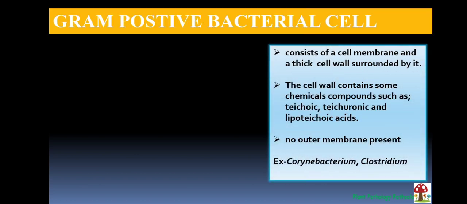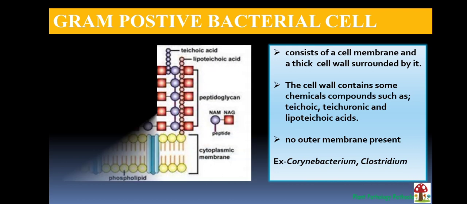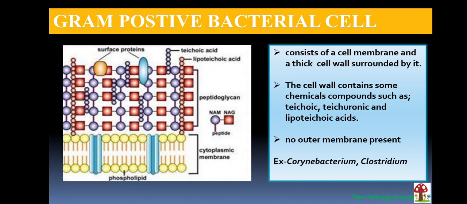In gram positive bacteria, the cell membrane is surrounded by a thick cell wall. Cell membrane is common to all bacteria, but the difference comes from the cell wall. The cell wall of a gram-positive bacterium consists of a thick peptidoglycan layer.